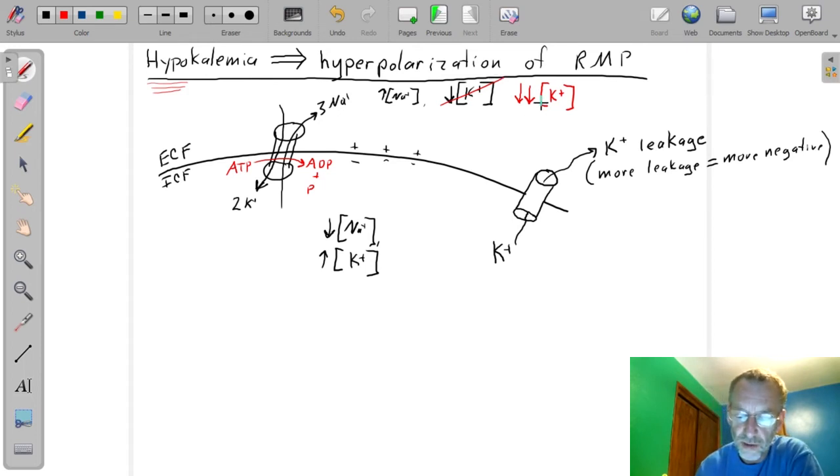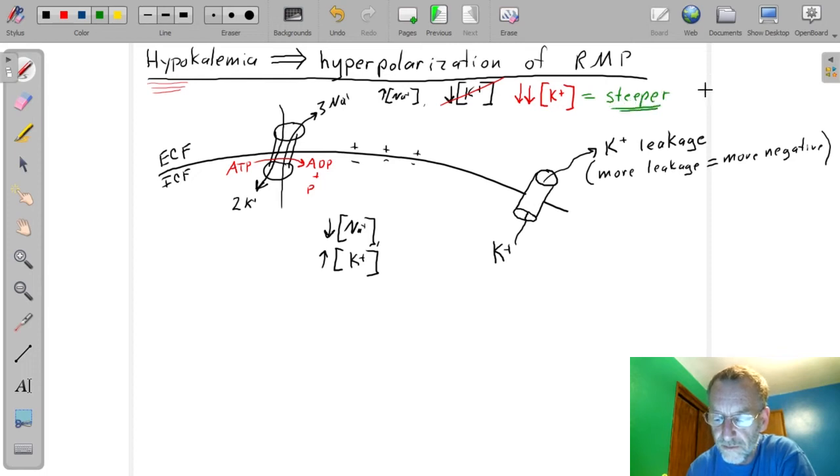So with lower potassium, we have a steeper diffusion gradient. Steeper potassium diffusion gradient. The idea is that more potassium leaves.